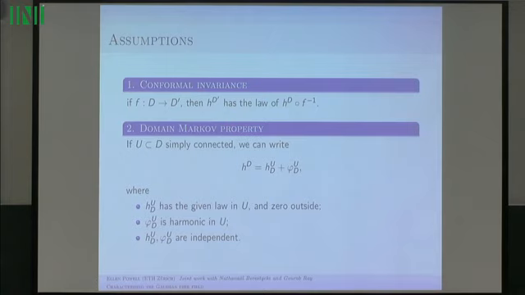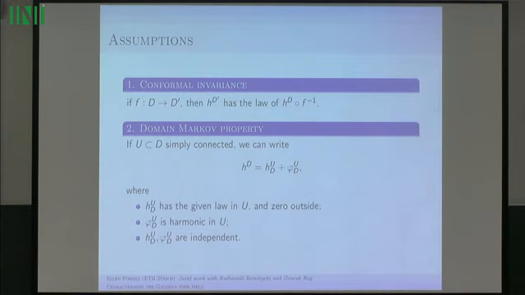And the same for the domain Markov property. It says if I have some domain D and some simply connected domain U contained in D, then I can write the given field in D as a sum of two independent things, one of which has the given law inside U and is zero outside of U, and one of which, when you think of it as being restricted to U, is a linear stochastic process indexed by test functions that corresponds to integrating against some harmonic function.